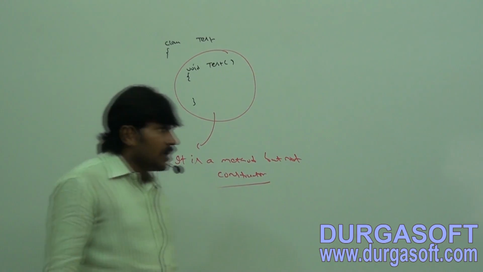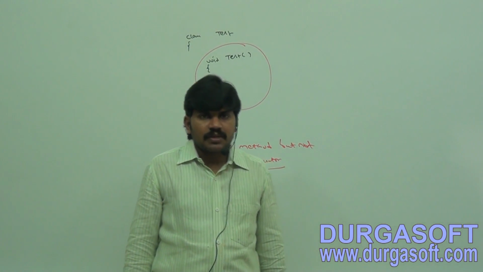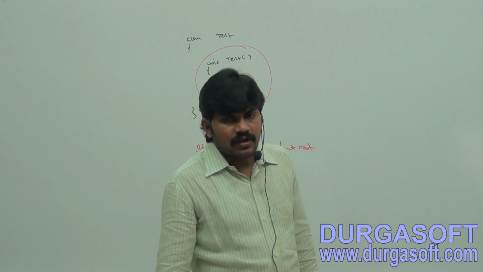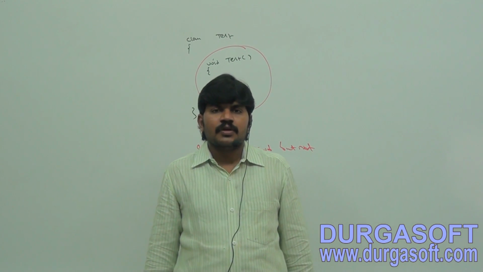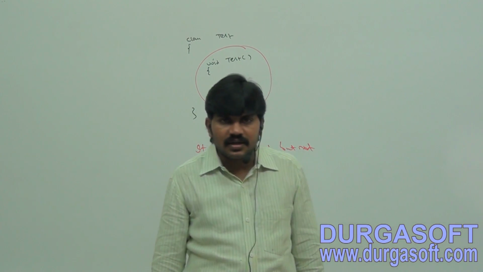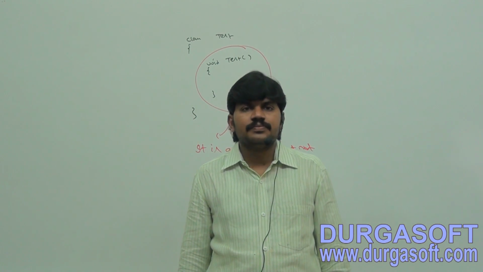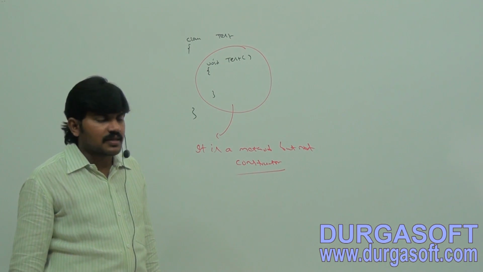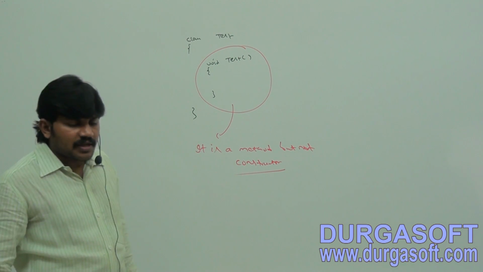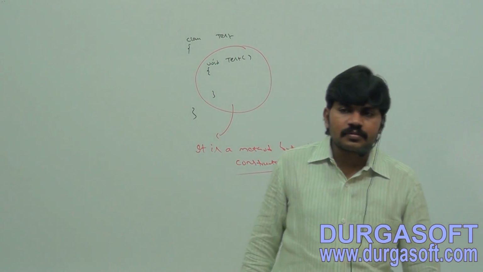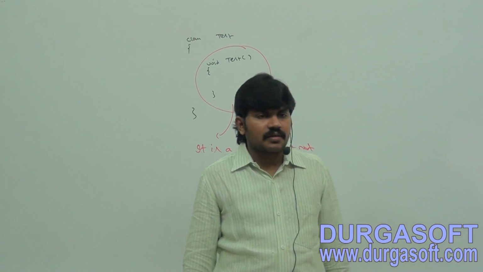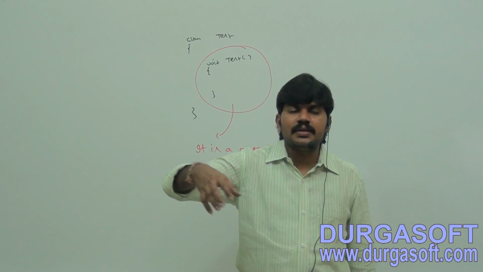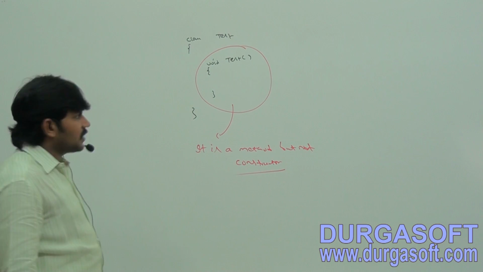Okay, at this point, by mistake, if you are trying to declare a return type for the constructor, then we won't get any compile time error, because the compiler treats it as a method.